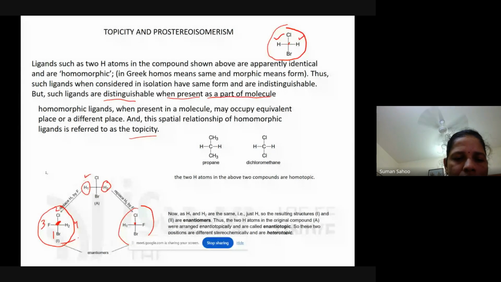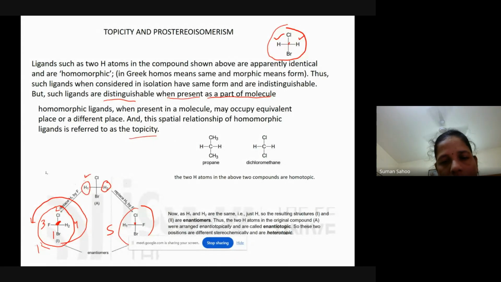Going from 1 to 2 to 3 goes anti-clockwise, but hydrogen is on the horizontal position, so it has to be R, and then the other is S. Replacing this hydrogen gives the R enantiomer and replacing this hydrogen gives the S enantiomer. So these two hydrogens are known as enantiotopic or heterotopic. They give different enantiomers, so they are no longer the same.